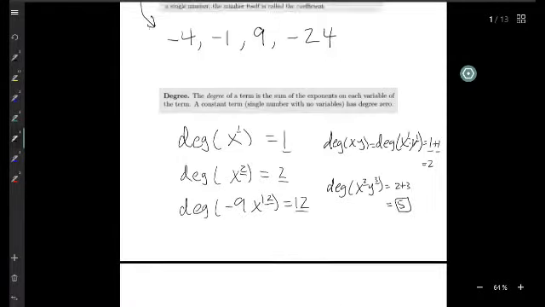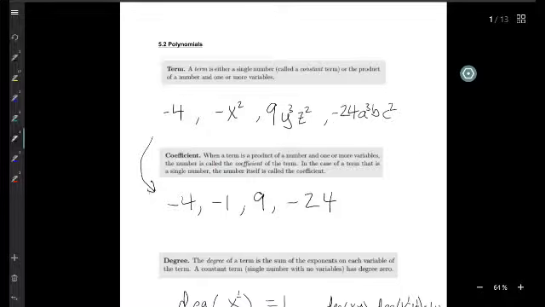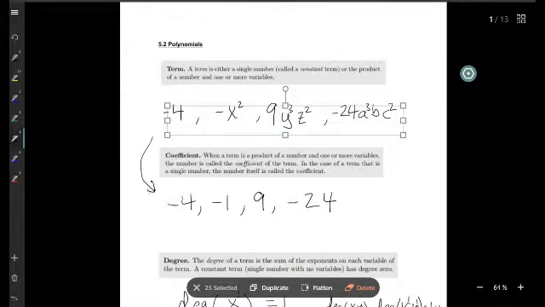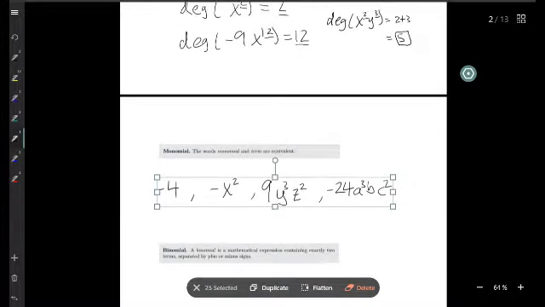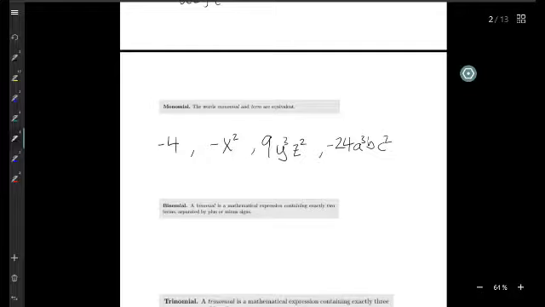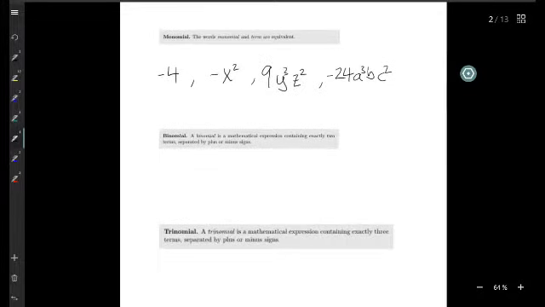So monomial, well, here's a good list of monomials back here. Terms and monomials are equivalent.